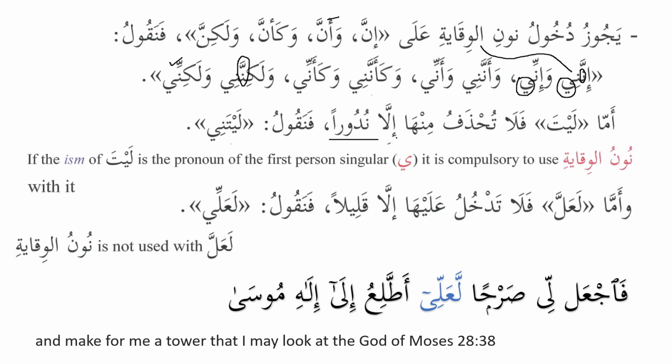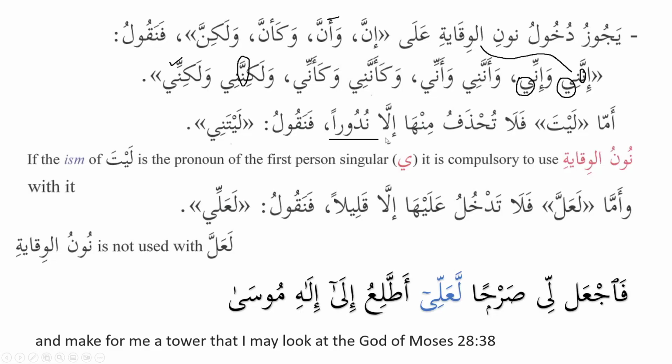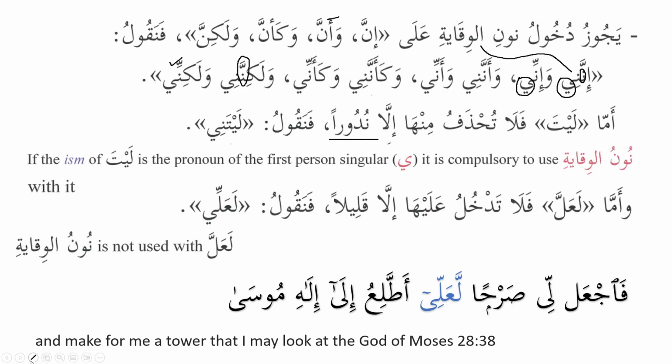Layta plus ya al-mutakallim, we have to add noon al-wiqaya. Why? Does anyone remember? Layta and ya al mutakallim, laytani, right? So why do we have to add noon al wiqaya with layta?